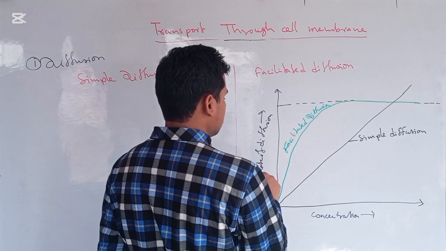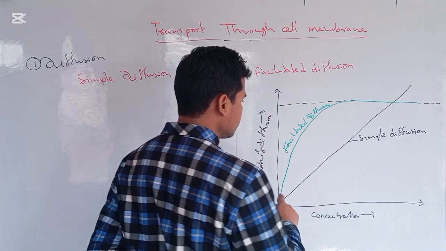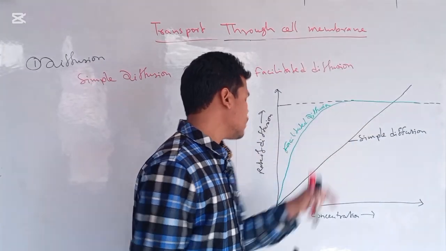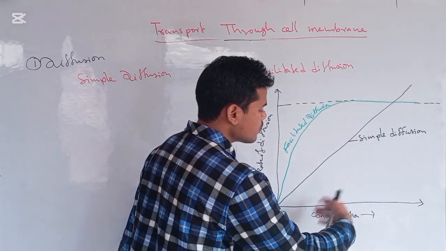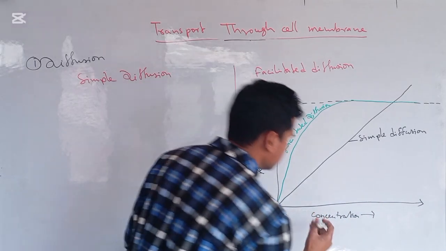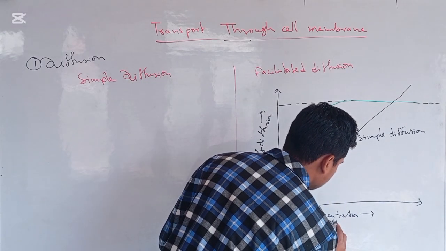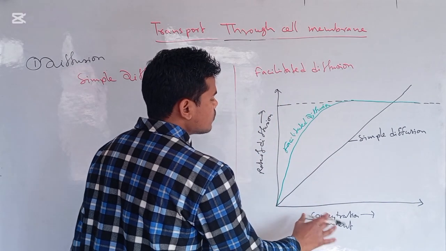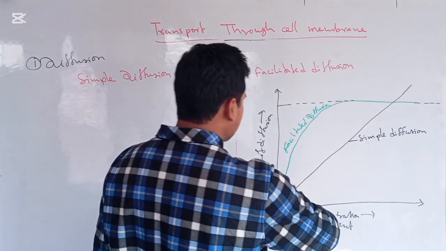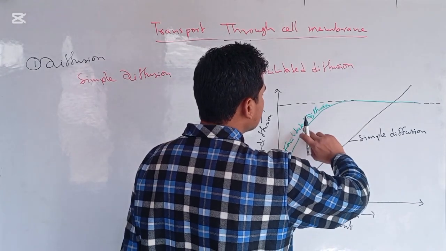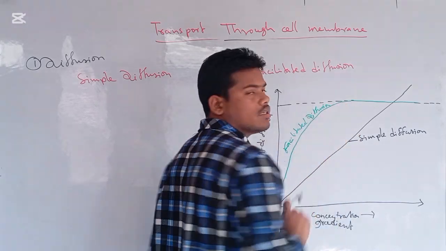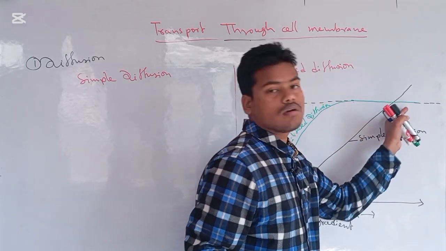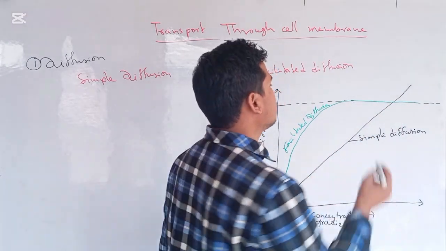And in case of accelerated diffusion, as the concentration gradient increases initially, the rate of facilitated diffusion is also increasing, but at a certain point this rate plateaus.